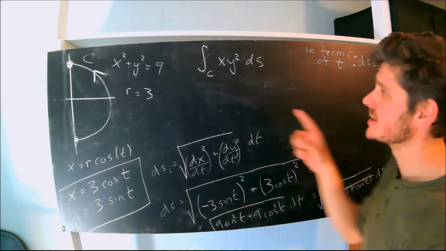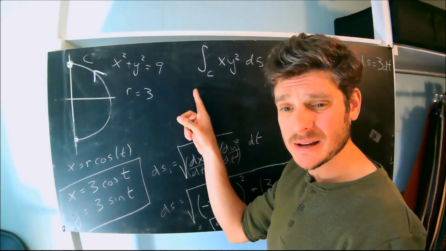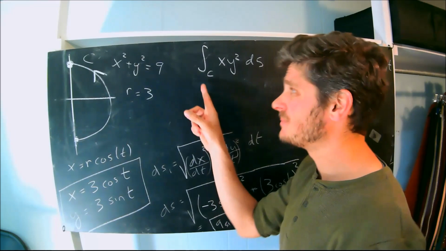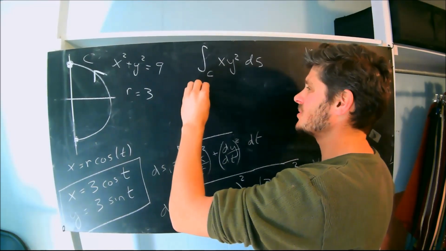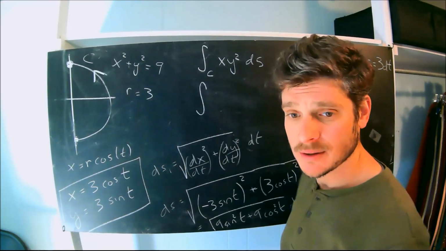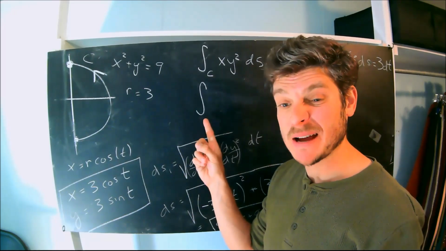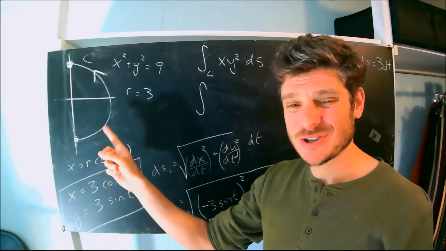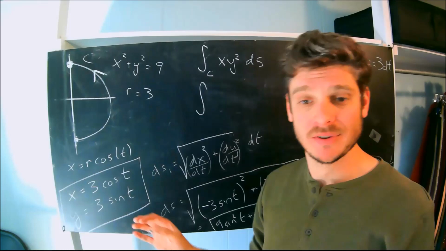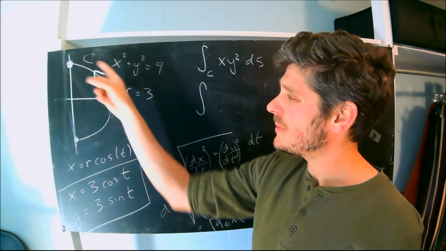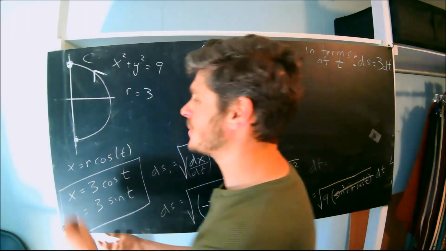Alright, so let's start making those substitutions, except I still have to do my bounds, right? If I want to rewrite my integral, the first step is going to be, alright, got to rewrite these bounds in terms of t. So t is the equivalent to my angle theta, so what would my angles be at these two points?